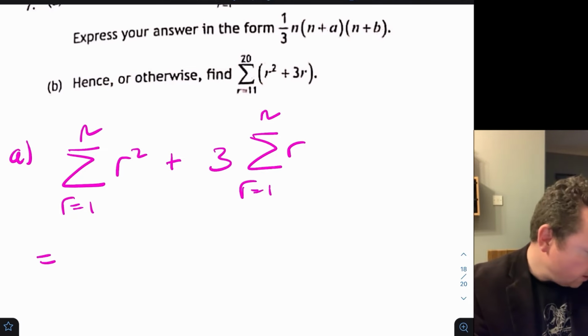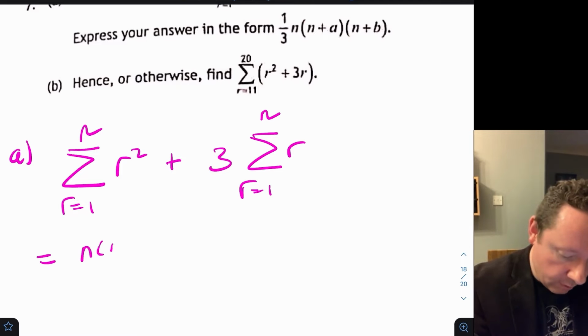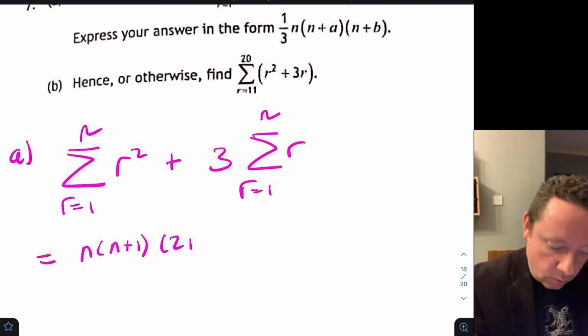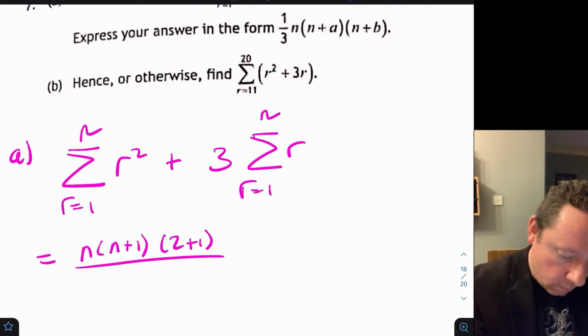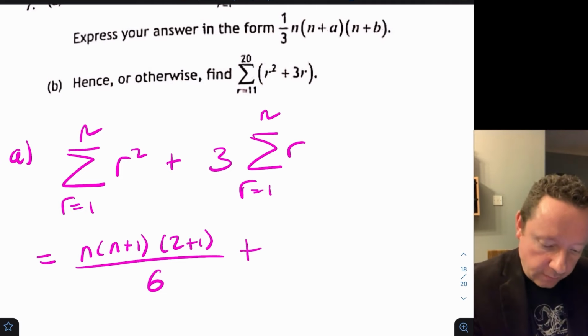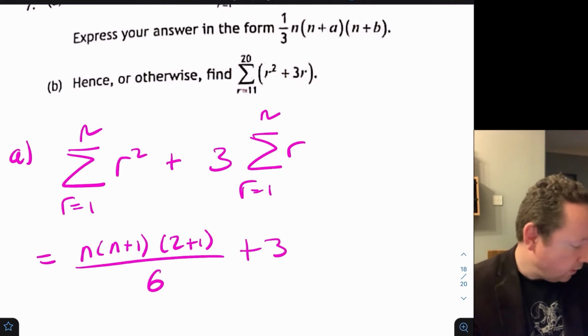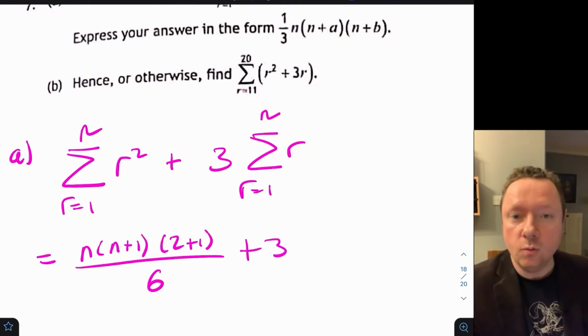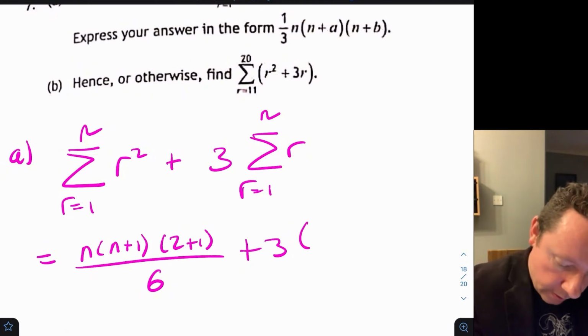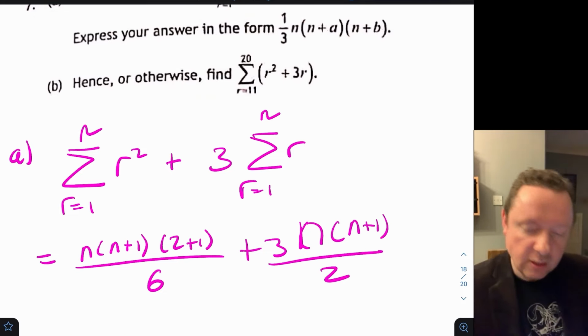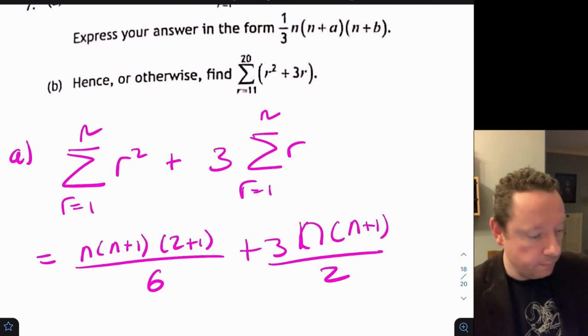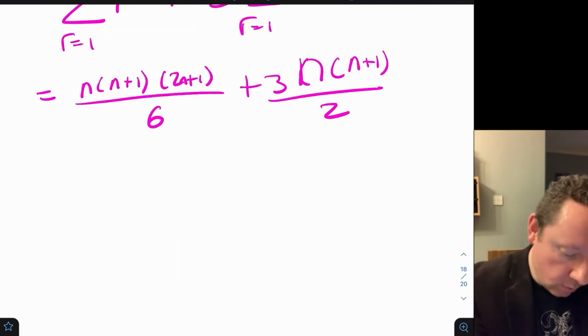The sum of r squared is n times n plus 1 times 2n plus 1 over 6. And plus 3 times the sum of r equals 1 to n is just n times n plus 1 over 2. And then we can just tidy that up. So making it over 6, we get n plus 1 times 2n plus 1.